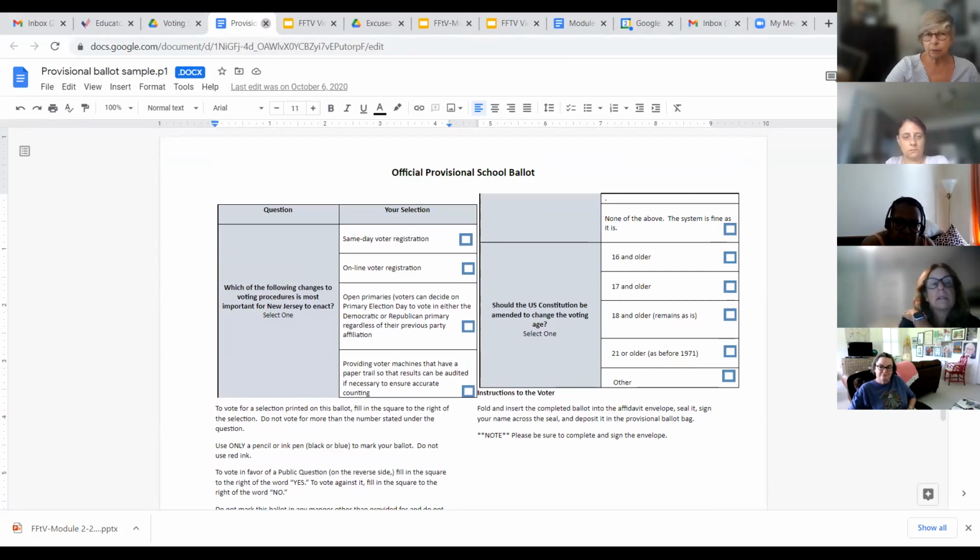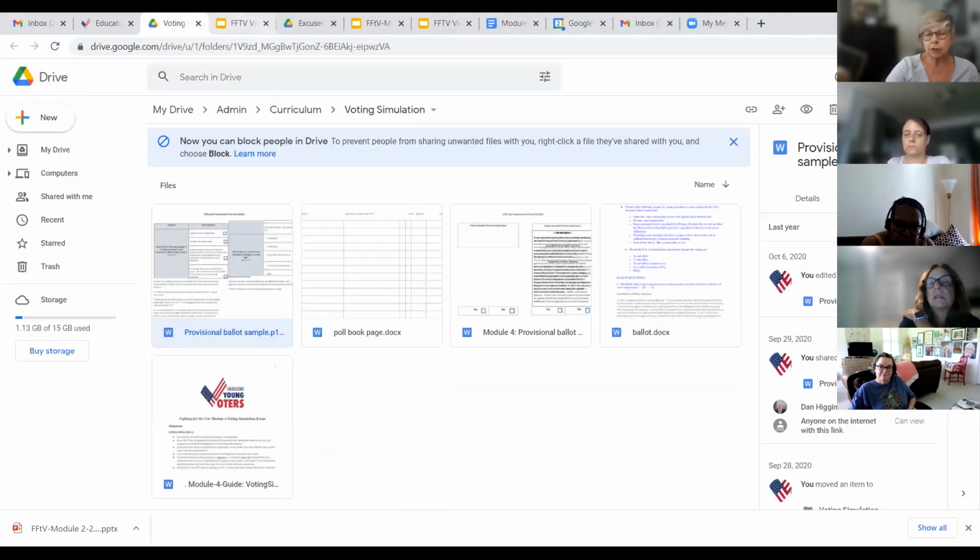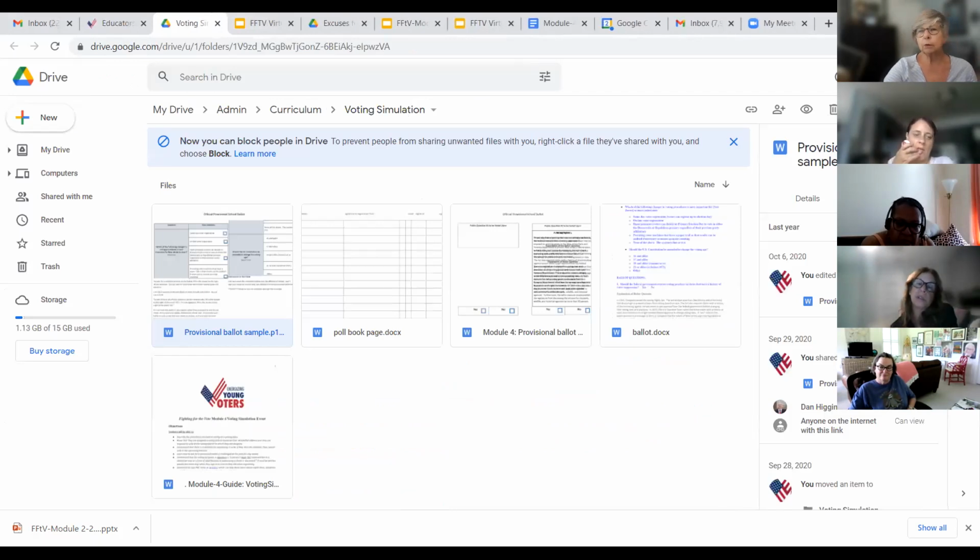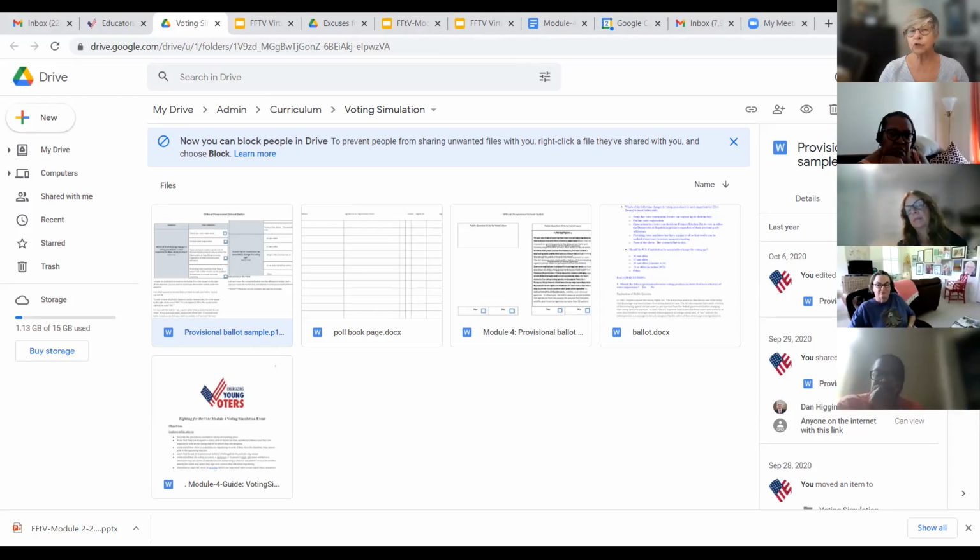We have two things happen. We ask the teachers ahead of time to identify one or two students in the class who won't be traumatized if they're challenged at the polls. One of them is marked as having voted by mail. One of them is eliminated from the polling book completely. When that student gets up to the table and goes to sign the poll book, we stop the presses.